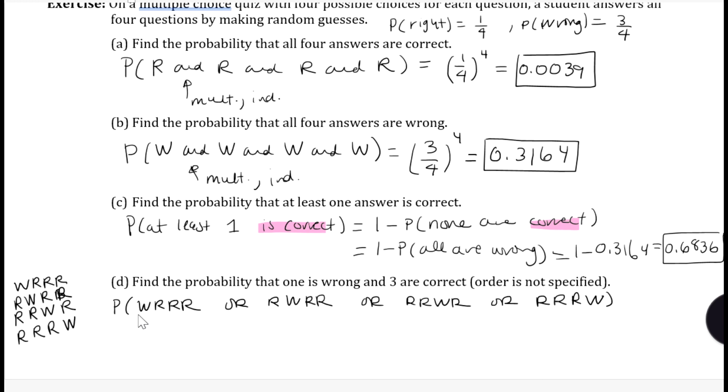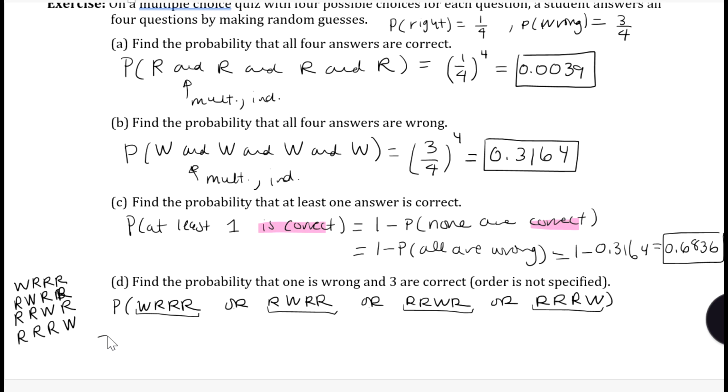Okay, so within these groupings, these are "and" probabilities that are going to be independent. So we're going to multiply in this "and" probability, this "and" probability, this "and" probability, or this "and" probability. But then we have "or"s, so we have to use the addition rule between them. And these are disjoint events. So we're going to add this probability to this probability to this probability to this probability.